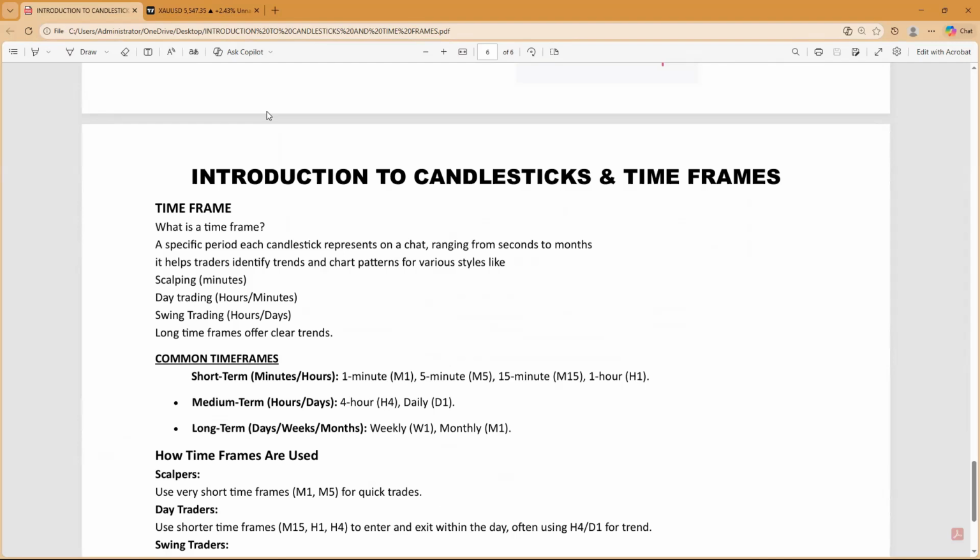The other next topic will be supply and demand, then structure, then fair value gaps. And after that, we'll come and touch on TradingView. And after you grasp all this, I will teach you how to install and use MetaTrader 5 to place your trades and do what traders do. And hopefully we will reap this money together.